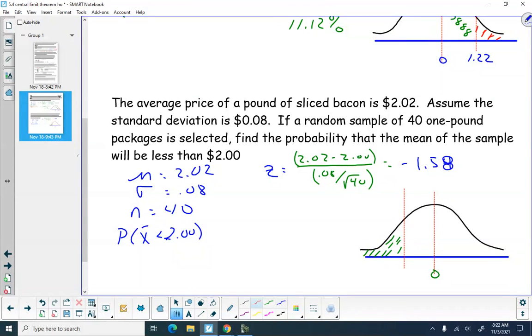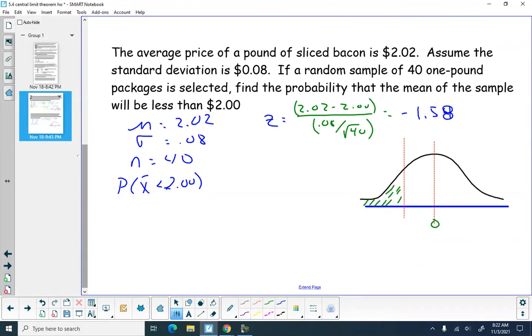Negative 1.58. So, going back to the idea of z, what we're looking at is the probability that our z is less than negative 1.58. This takes us back to a question we had at the very beginning. We get our table value. Jade, what's our table value? 0.4429.